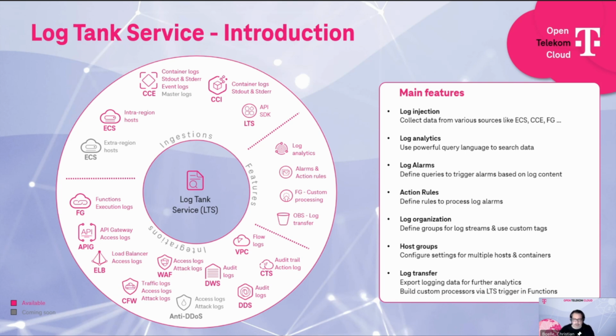You can connect to one LTS, even if you have multiple tenants. You can have, for example, one tenant where you operate the LTS service, and you can stream logs from 5, 10 other tenants into this one instance, or you can even separate them. So tenant-wise, project-wise, and VPC-wise, you can do it in one region.